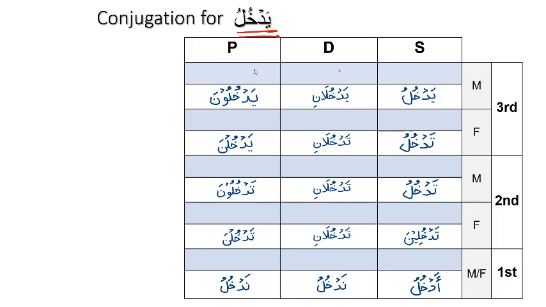If you want, you can put that on your own first, and then you do this conjugation. And if you've not already done this, just pause, do the conjugation on your own, and then come back here. But notice the ayn letter has a dhamma. Therefore, there will be a dhamma throughout on the ayn letter, which is a kha for yadkhulu.